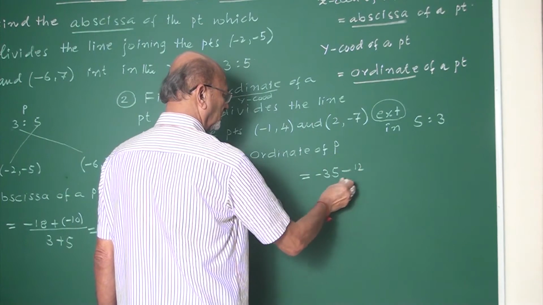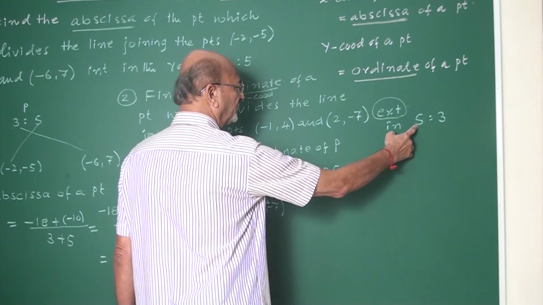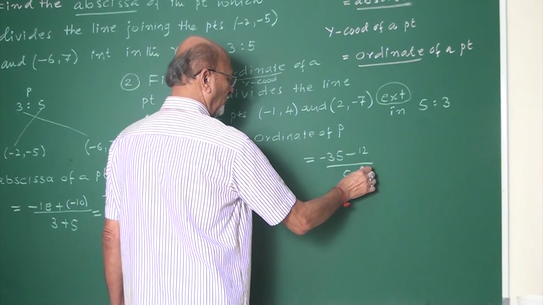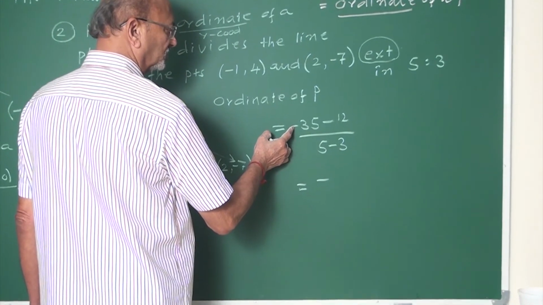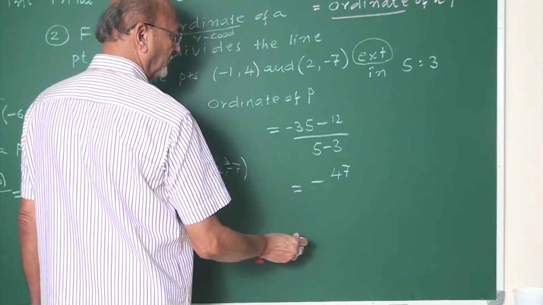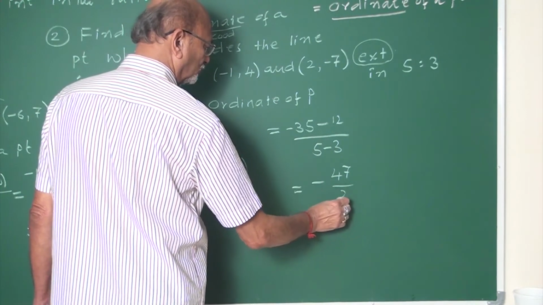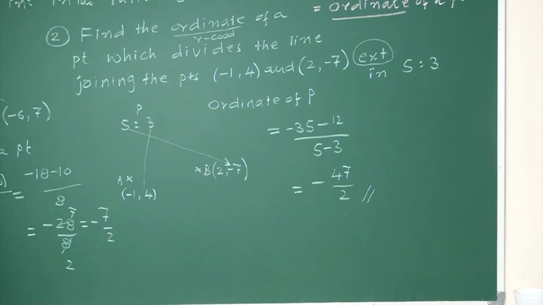Denominator: the difference, m minus n, 5 minus 3, which is 2. Numerator is -35 minus 12, which is -47. Minus 47 upon 2. That will be the answer. It doesn't cancel.